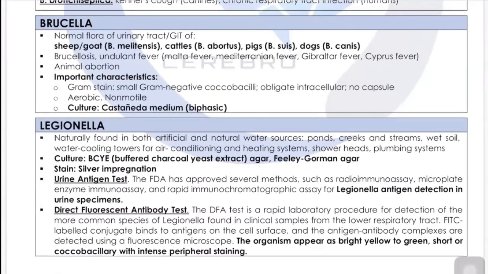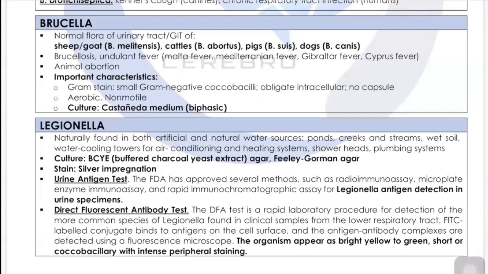So let me repeat: traditionally, Brucella is a causative agent of occupational disease among livestock handlers. That was before. However, today the common Brucella infection is a foodborne infection after consumption of unpasteurized dairy products. Okay?